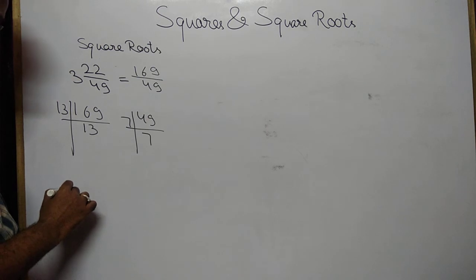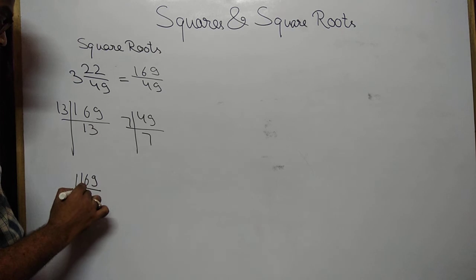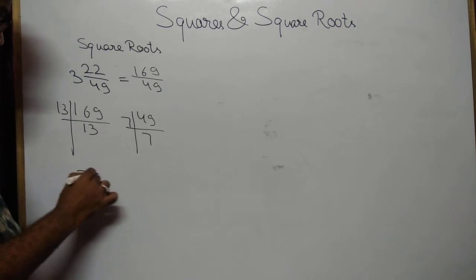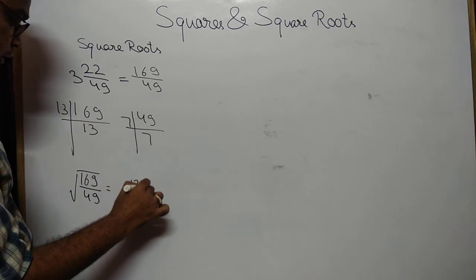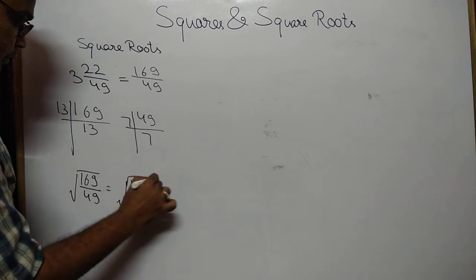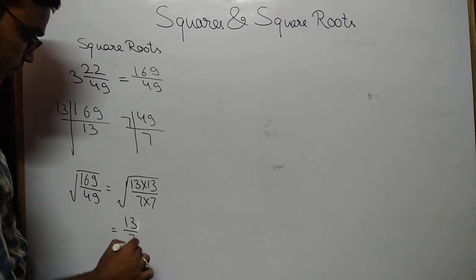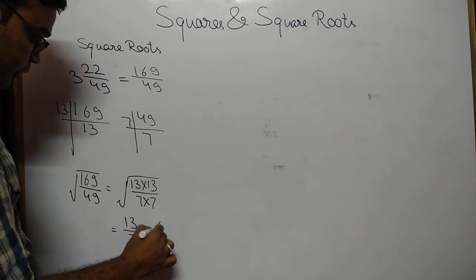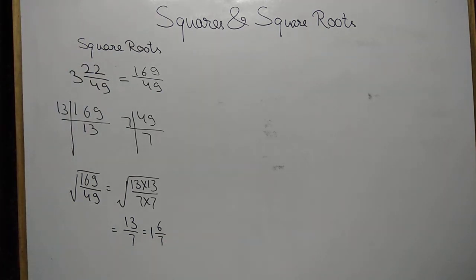So now we can write down square root of 169 by 49 equals square root of 13 into 13 by square root of 7 into 7. We can write down 13 by 7, that is 1 whole 6 upon 7. So hope this one is clear for you. Likewise you have to find out the square root of other fractions.